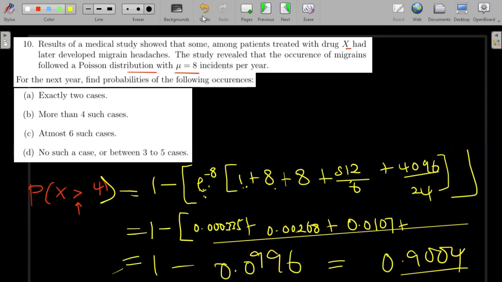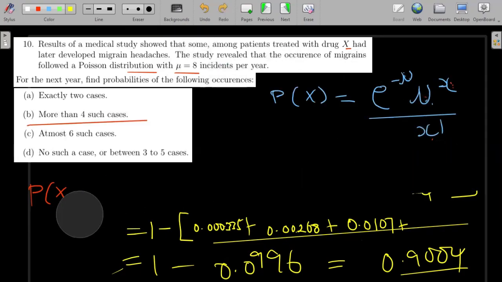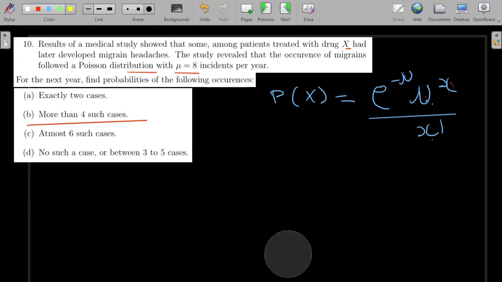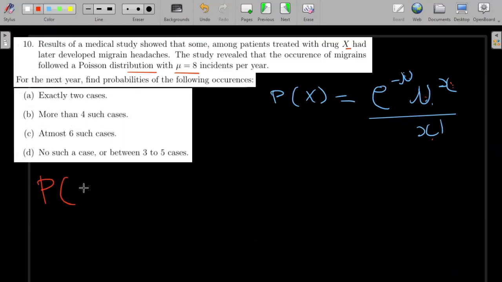I'm still using this same formula, so I'll not erase it. At most 6 cases. So that is the probability that X is less than or equal to 6. You can try it out, but if you use the cumulative Poisson values tables, you should be able to get 0.3134.